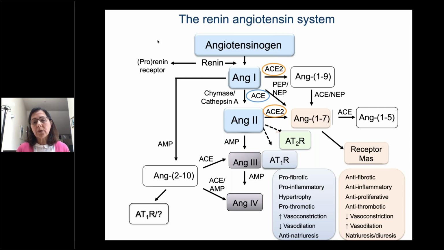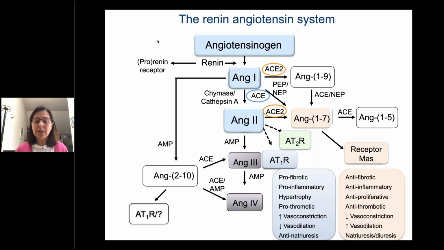It wasn't that long ago that we knew that angiotensin 2, the product of angiotensin 1 through cleavage by angiotensin-converting enzyme, was the major vasoactive peptide of the renin-angiotensin system. And for all intents and purposes, angiotensin 2 binding to its AT1 receptor is responsible for most of the physiological and pathophysiological processes that we understand.